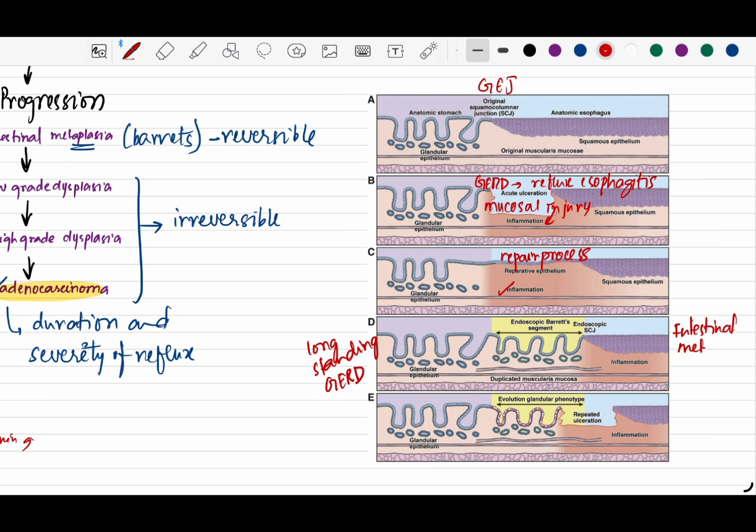This change in epithelium first begins at the gastroesophageal junction. It is important to remember that any change would begin at the gastroesophageal junction, and then we can see that this is the Barrett's segment. With time, it is going to develop into a full-fledged glandular phenotype, and then the process is going to move proximally, which means that after it has involved the gastroesophageal junction, it is going to move upward, involving the upper parts of the esophagus, which means that it progresses.